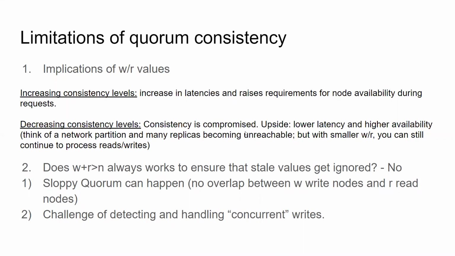The upside is you don't have to wait for a large number of nodes to confirm, so latency can be lower. So there are trade-offs in each case depending on your application requirements. The important thing to note here is that you should be aware of the implications of these values. So that's point number one.